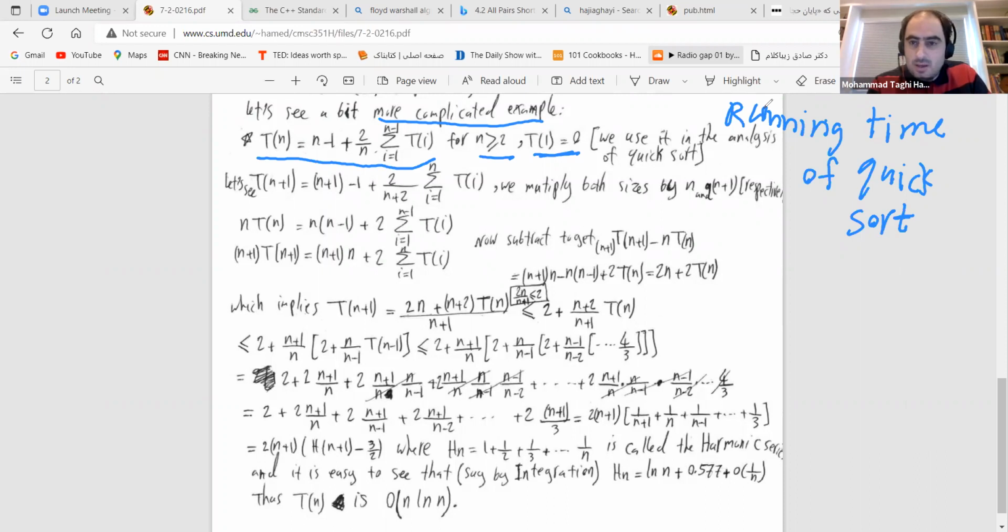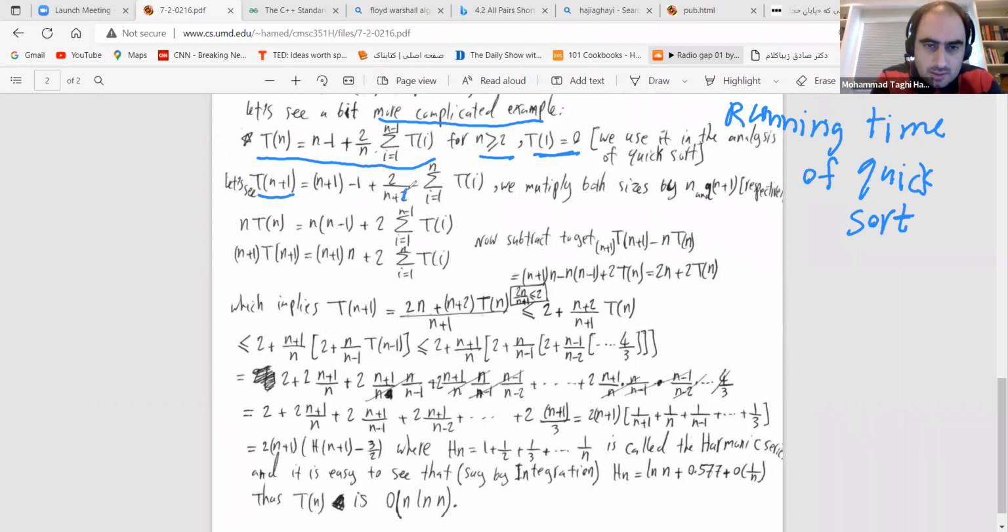Great. So now let's see how we can do this. The same technique: we try to eliminate the history, but here let's first write T of n plus 1, which is equal to n plus 1 minus 1, plus 2 over n plus 1, sum over i equal to 1 to n of T of i.